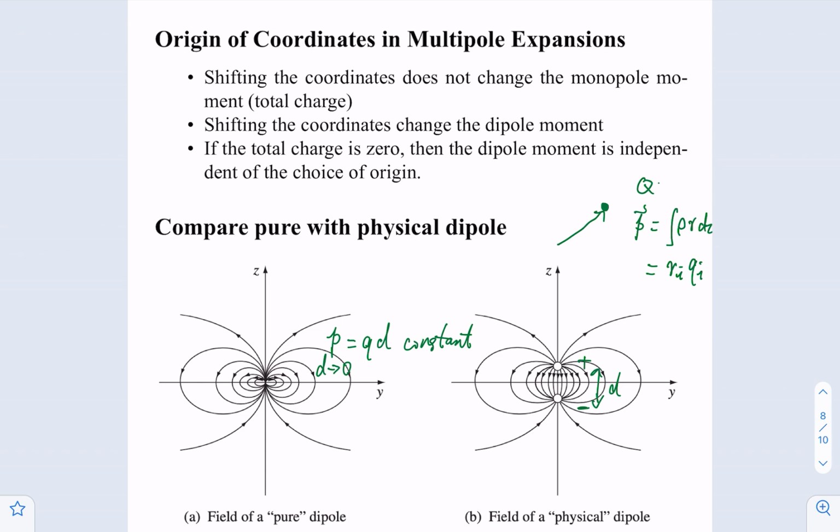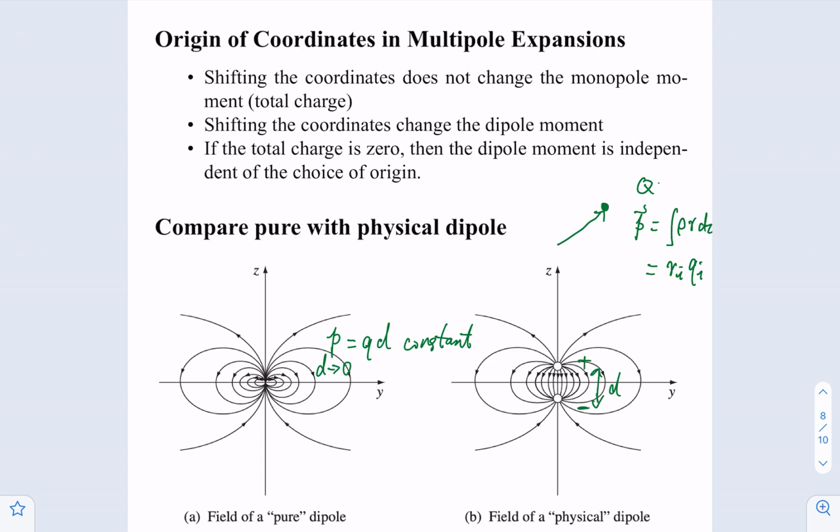So for the multipole expansion, only the first term is independent of the coordinate you choose, and the dipole term already depends on where you choose your coordinate, and also the same for the quadrupole terms. And only if you choose the origin to be exactly the same as your point charge, all your higher order terms go to 0. And if you slightly shift the origin, there will be higher order terms.